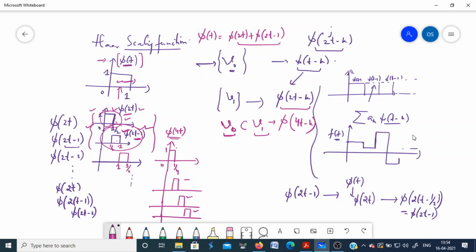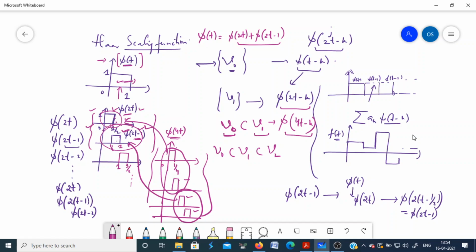And if you say that V2 is the space of all the functions which can be generated from phi 4t minus k, obviously V1 will be a subset of V2 also. So V0 is a subset of V1 and V1 will be a subset of V2, because if you simply add these two functions, you can get this function, and if you add these two functions, you can generate this function.